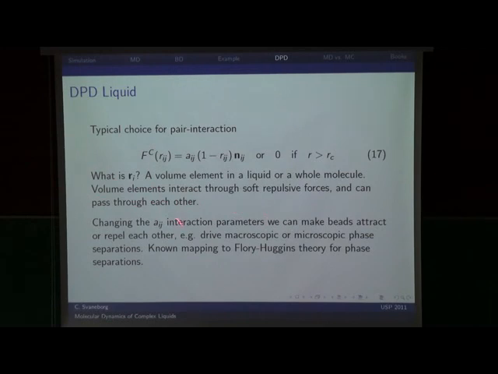And if we change these parameters, then we can control if certain beads attract or repel each other. And this can drive either macroscopic or microscopic phase separations. And there is a mapping of what this Aij parameter means in comparison to Flory-Huggins theory for phase separations of polymers. So this is a very neat way of doing, for instance, polymer simulations of the microphase separations of block polymers. This is what many people are using DPD for.